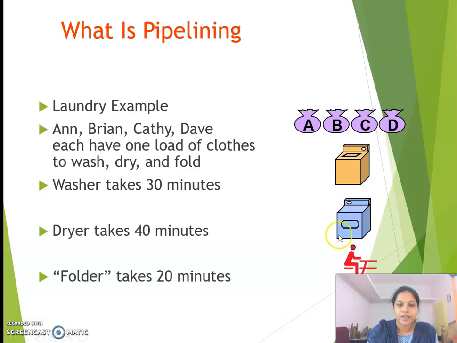The washer takes 30 minutes, the dryer takes 40 minutes, and the folder takes 20 minutes each. Each of these has different functionality and different times. So how are the 4 people A, B, C and D going to utilize this functionality, with pipelining and without pipelining? We'll see the performance and get to know the concept of pipelining.